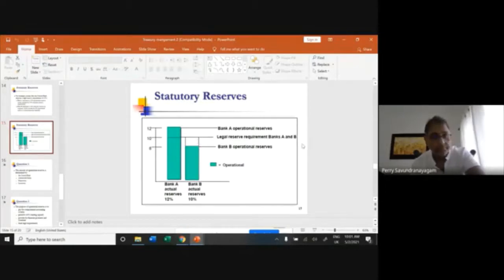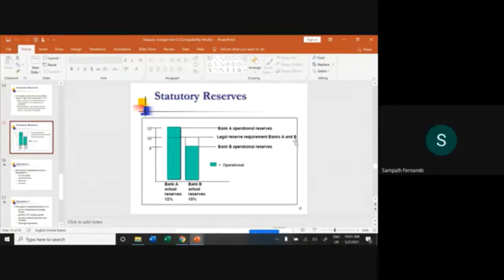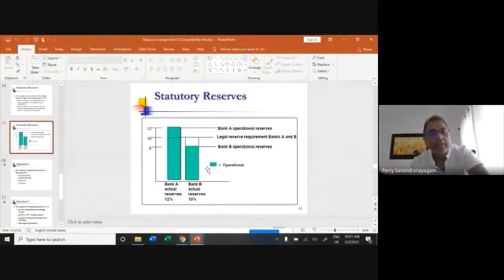Is that clear? But the operational reserves and statutory reserve are 2 different things. So it has to be 2 percentages, right? No, that's what I'm saying. What happens is the bank will not maintain 2 percentages. They will maintain everything as one part of reserves. However, if there is a situation where they need to, because these are reserves, right?